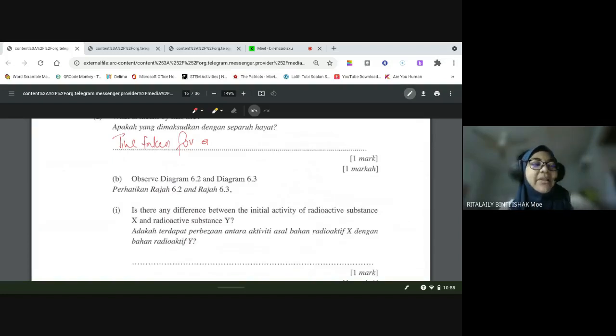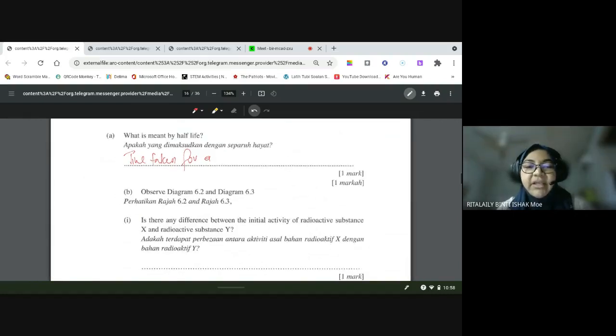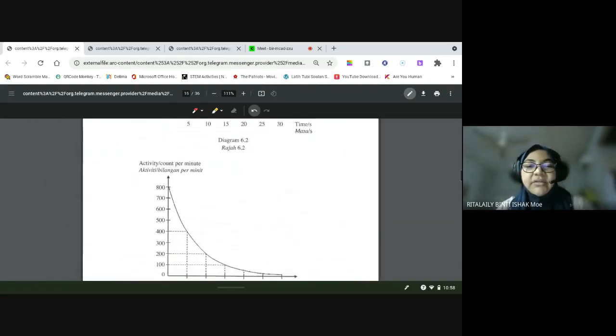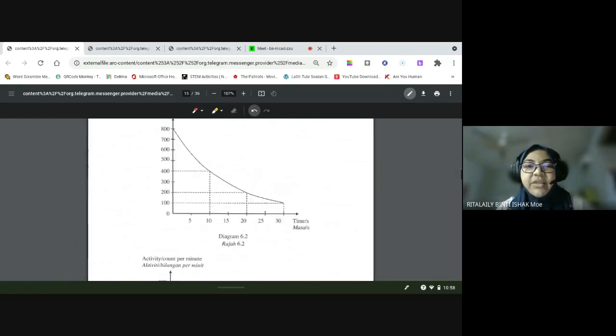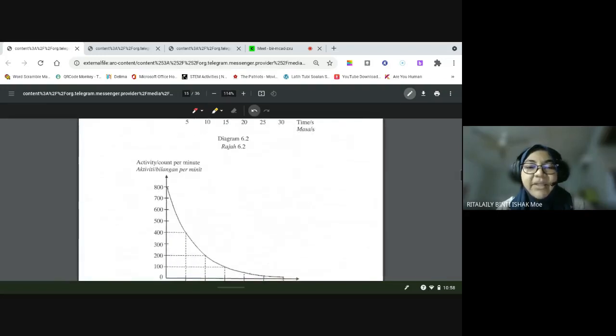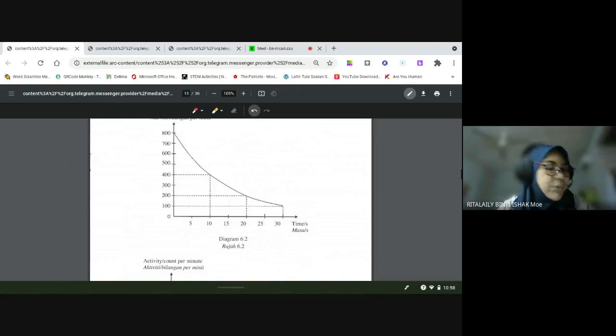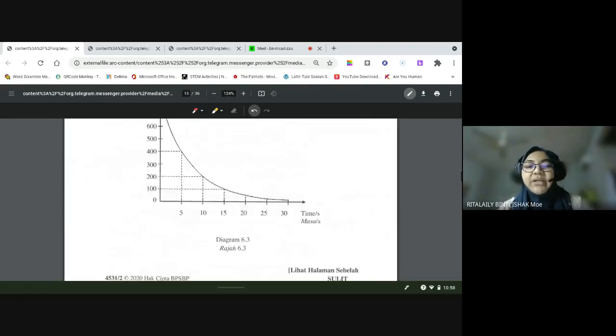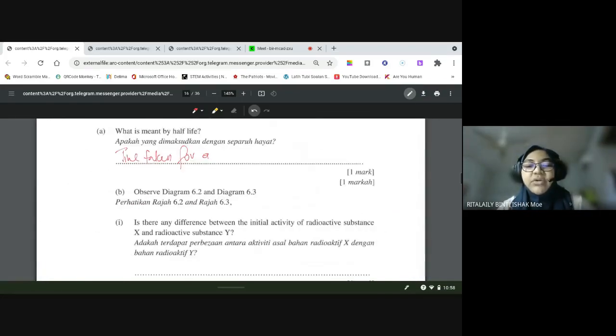Okay. B. Observe diagram 6.2 and 6.3. Is there any difference between initial activity? So 6.2, 6.3, ada beza tak? Initial activity? No. Okay. So jawapan dia no lah. Tulis no sahaja, satu markah.